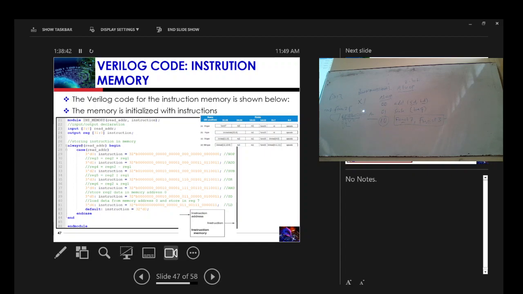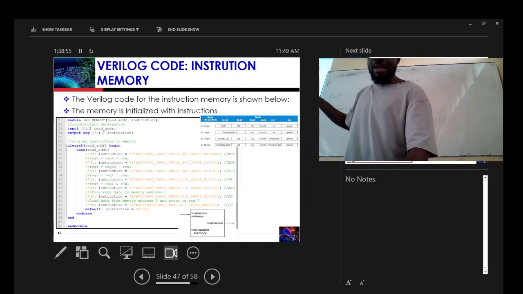So I've done this for AND, and for store word and load word. The difference is the instruction I've loaded into my instruction memory. Understood?